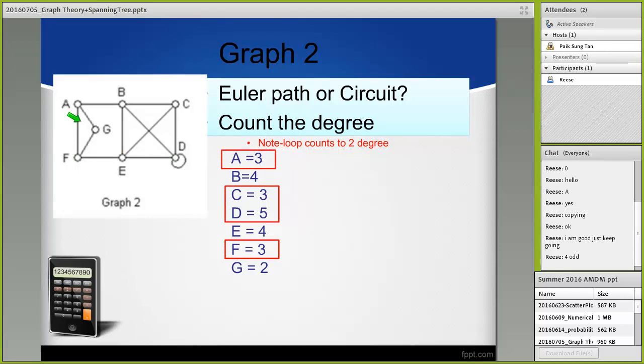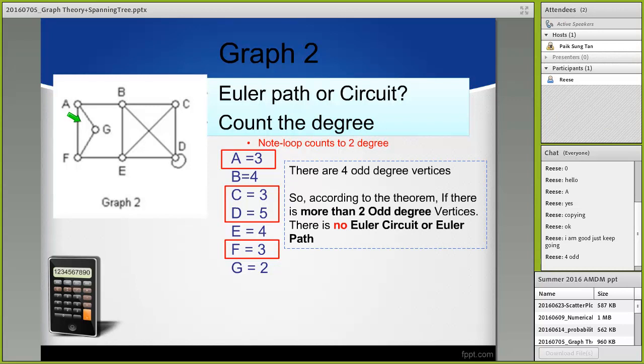So we have 4 vertices that have odd degree. According to the theorem, if there are more than 2 odd degree vertices, there will be no Euler circuit or Euler path. No Euler circuit, no Euler path. Okay?